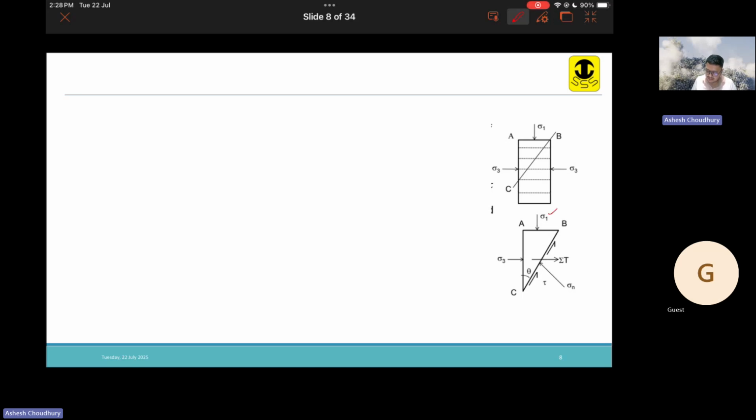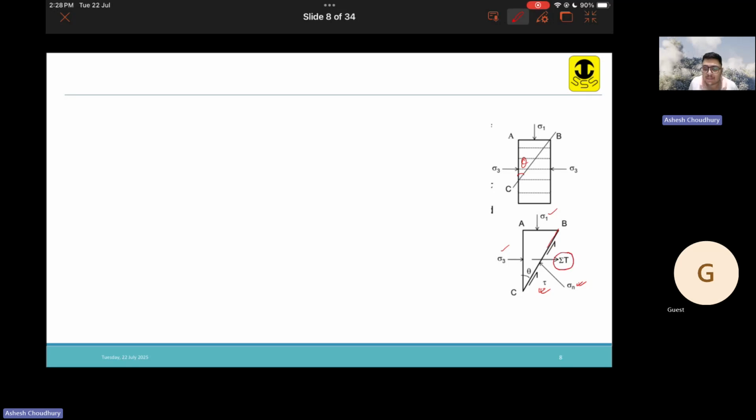In ABC again, sigma 1 is acting, sigma 3 is acting, and theta is the angle that this wedge makes with the vertical. At the BC plane, we will have a normal stress and a shear stress.